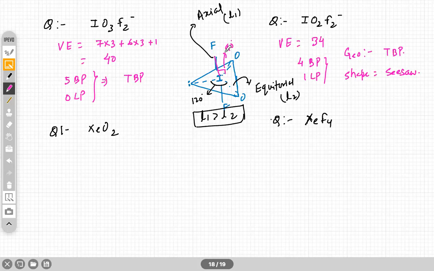So if you have 1 lone pair, yes, Hariharan, if you have 1 lone pair, it will place over here. If you have 2 lone pair, another corner of the triangle. 3 lone pair, another corner of the triangle, right? So this position will place the electron because the bond angle is 120 and here we have lesser repulsion, okay? This you must take care of for TBP, trigonal bipyramidal.